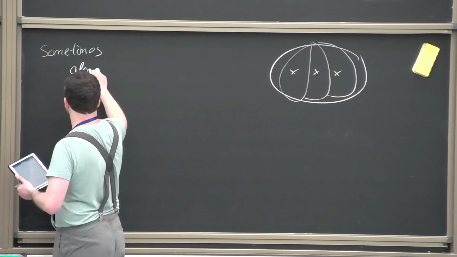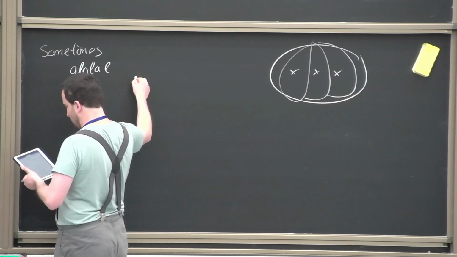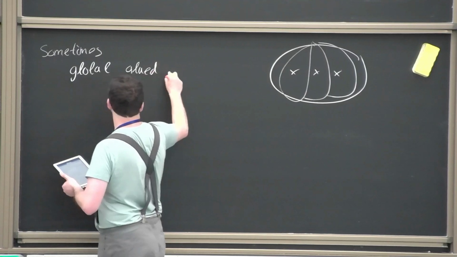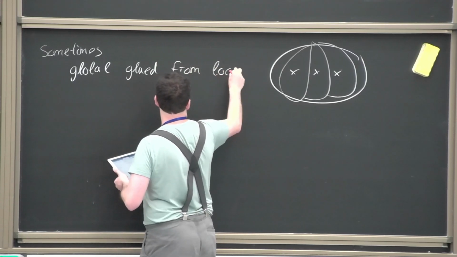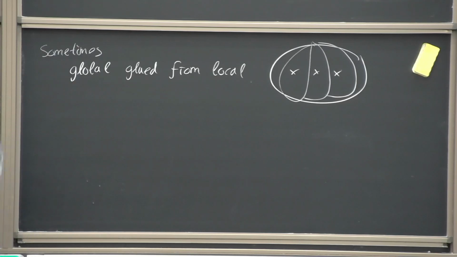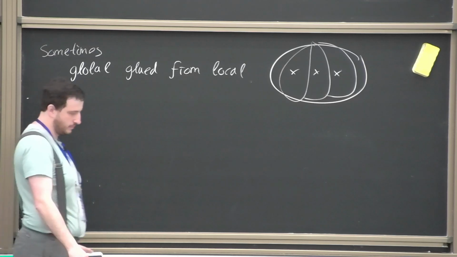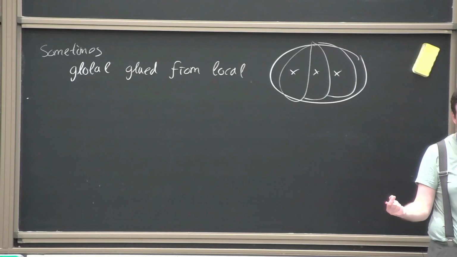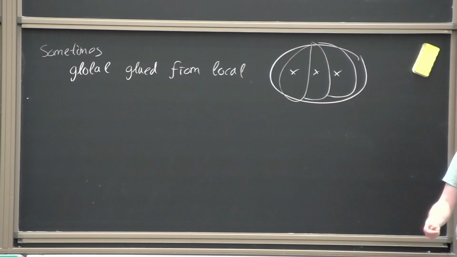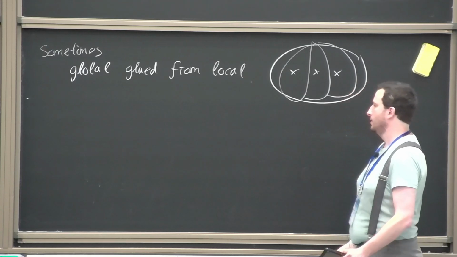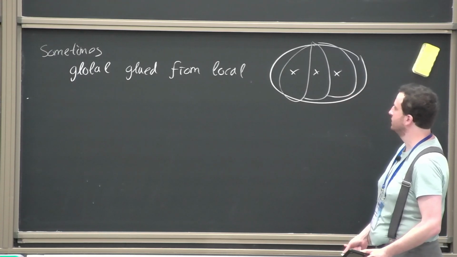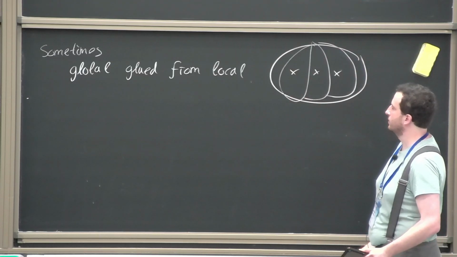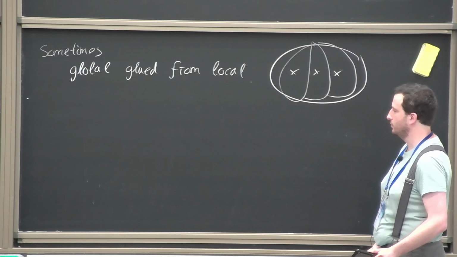Global glued from local. Okay, so we are solving this problem, and so I'm going to say: to construct a cluster structure on the module space of local systems on the punctured disk with these conditions, that we have special monodromy around the origin.